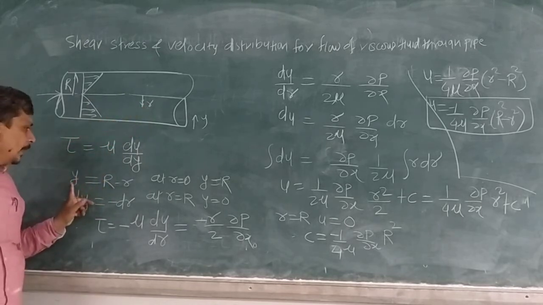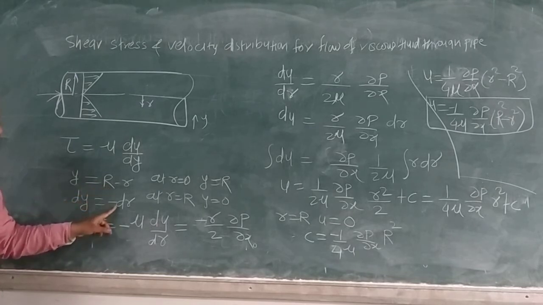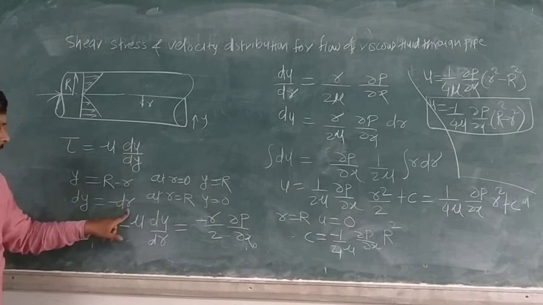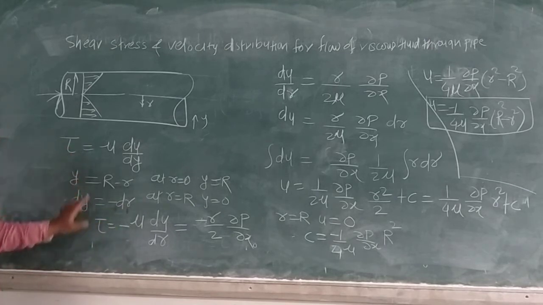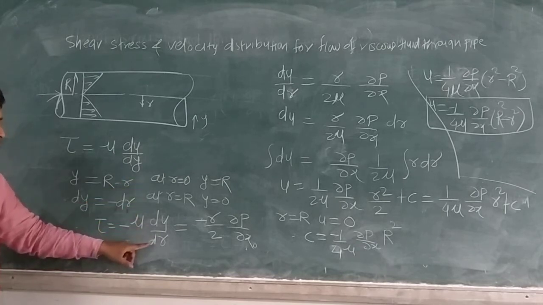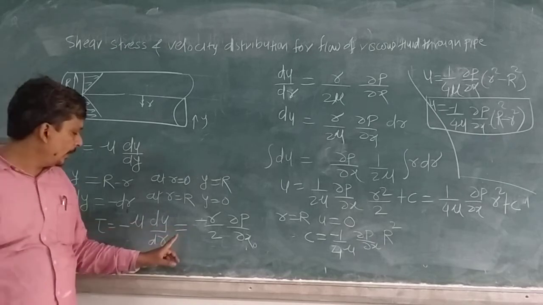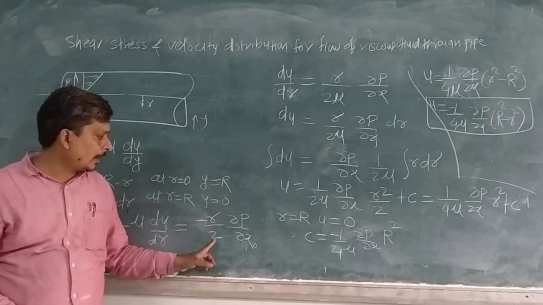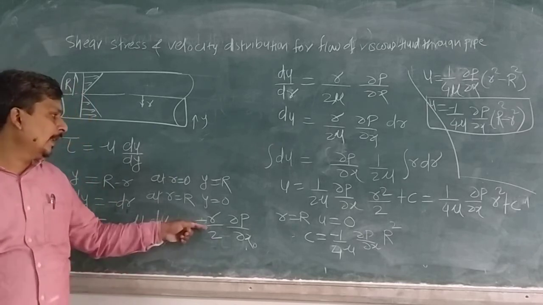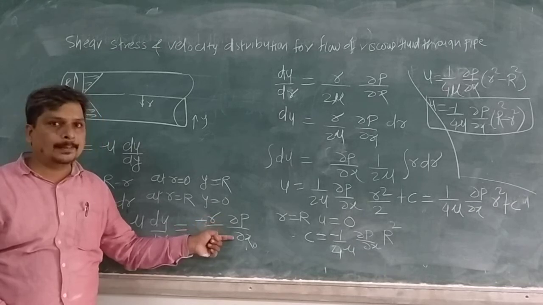We differentiate this, dy is equal to minus dr. Now putting in this, tau is equal to mu du by dy, where dy is minus dr, and already we have derived the shear stress, varying linearly, as minus r by 2 delta p by delta x.